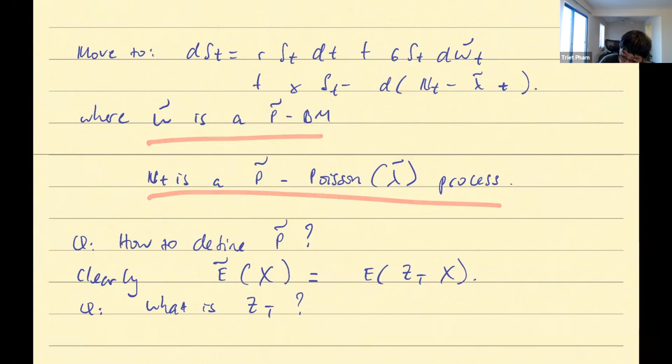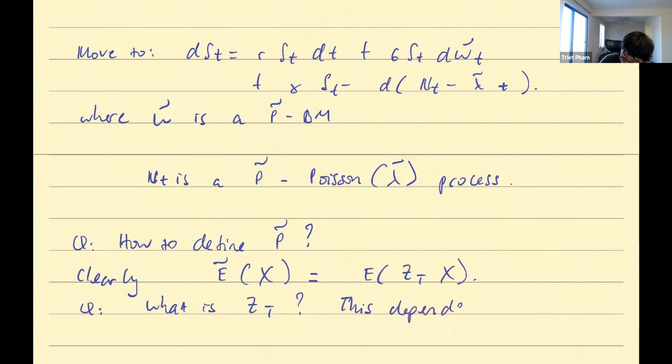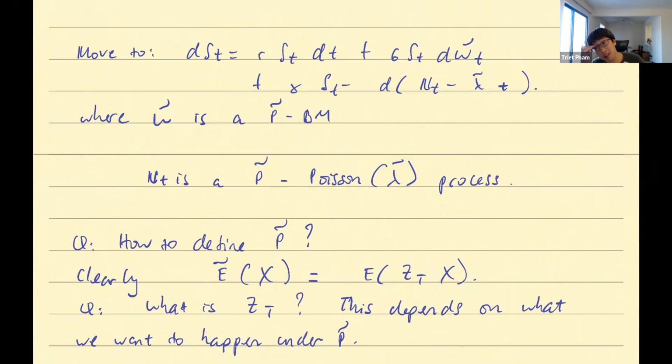This depends on what we want to happen under P tilde. Namely, we want W tilde to be a P tilde Brownian motion. But wanting the expectation of Z_t to equal 1 is very simple. There are a million things that can satisfy that. You want to be very specific on this.